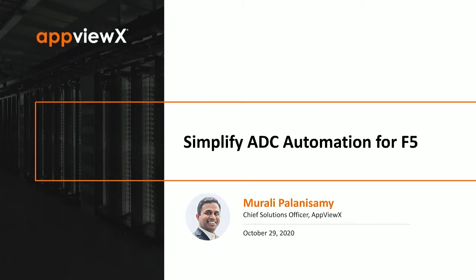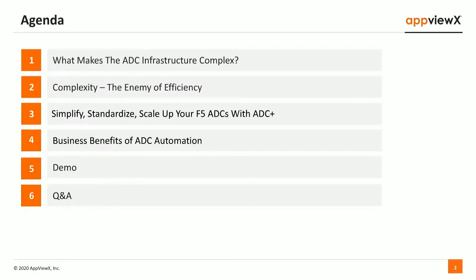Today we're going to look at how we can simplify ADC automation and primarily focus on F5, F5 Big-IP and Nginx. As part of the agenda, we'll look at what makes the ADC, or the F5 deployments and infrastructure, complex, Layer 4 to 7.